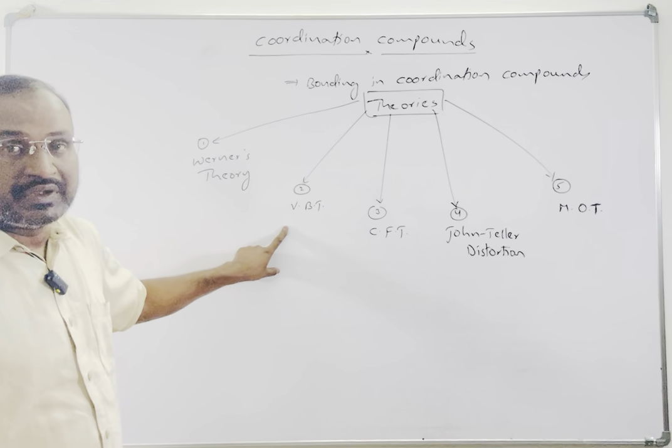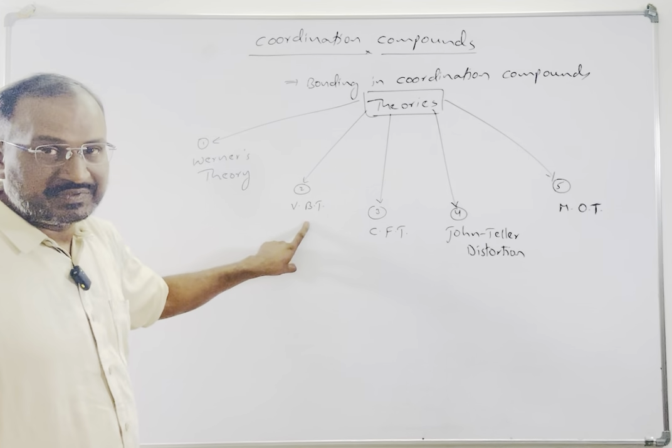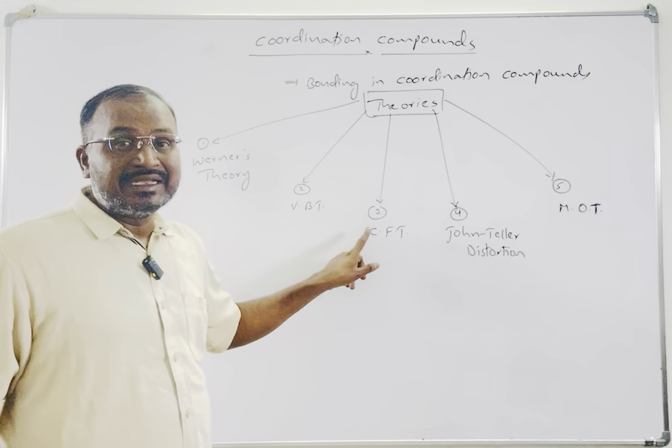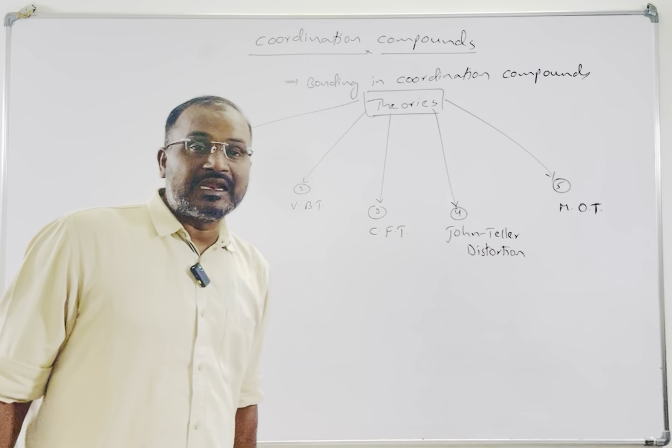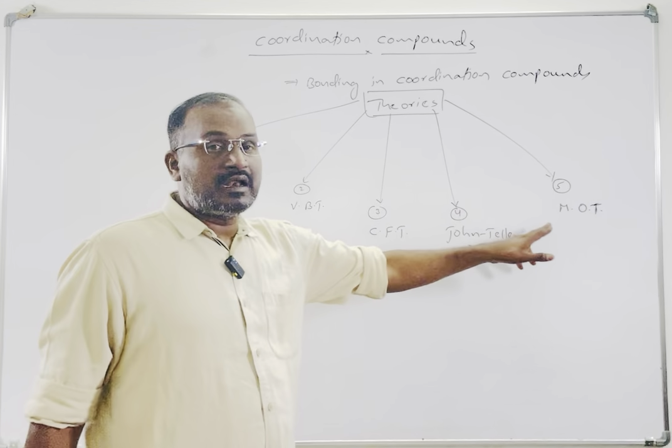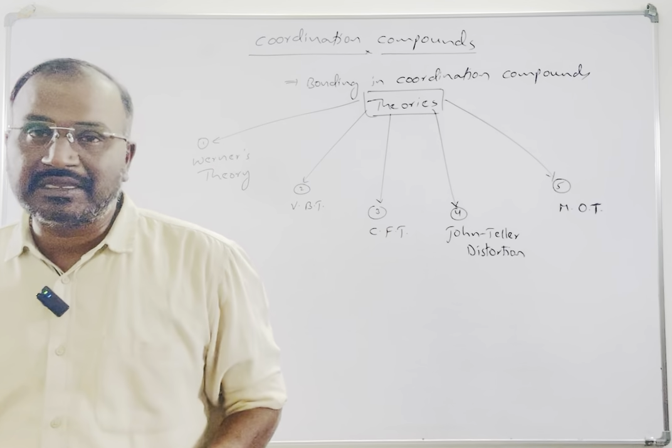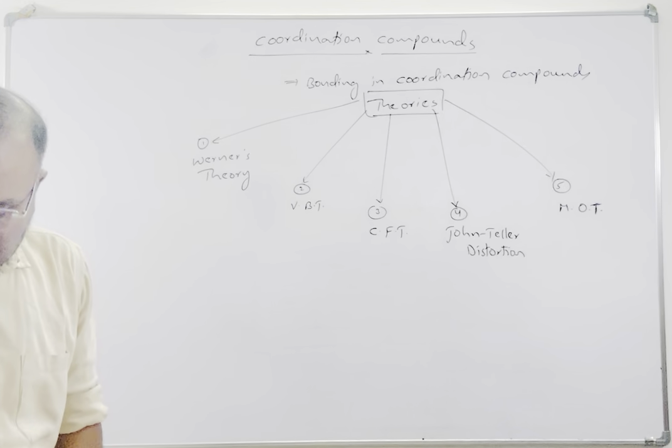After that we have valence bond theory, then crystal field theory, then John Teller distortion, and the last theory to explain the bonding is molecular orbital theory.